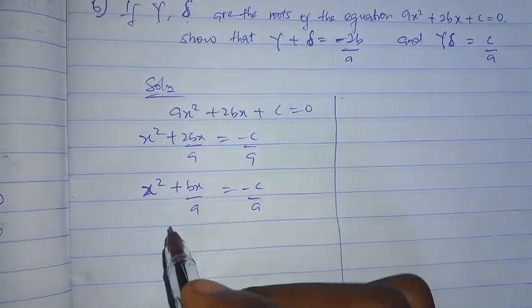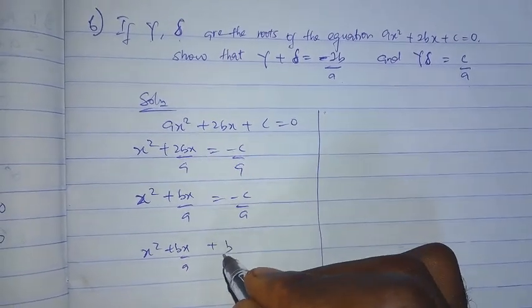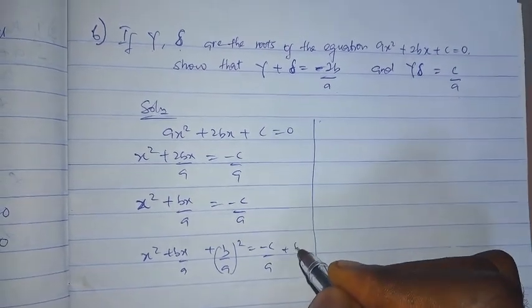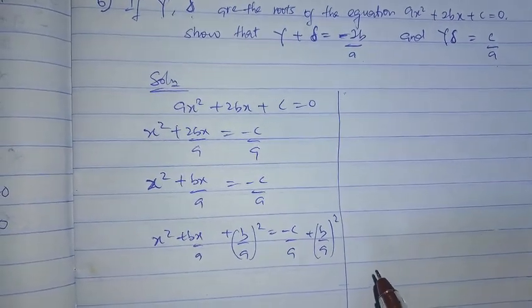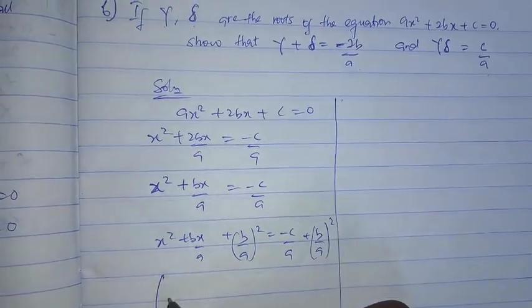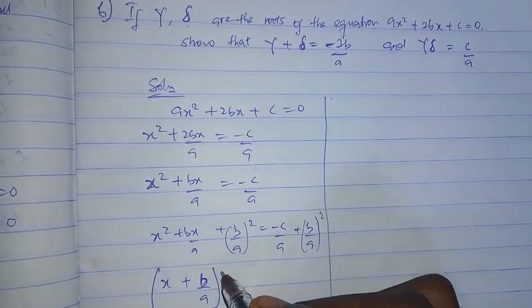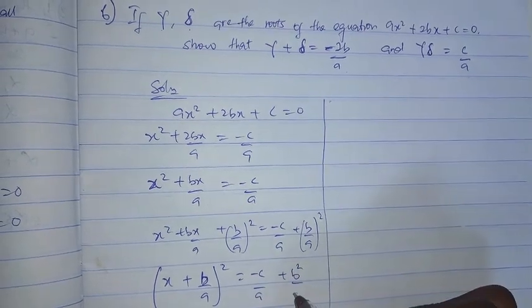If I have the x term, then this now becomes x squared plus bx over a plus b over a all squared equals minus c over a plus b over a all squared. If I add the square of the coefficient of x to both sides, this now becomes x plus b over a all squared equals minus c over a plus b squared over a squared.